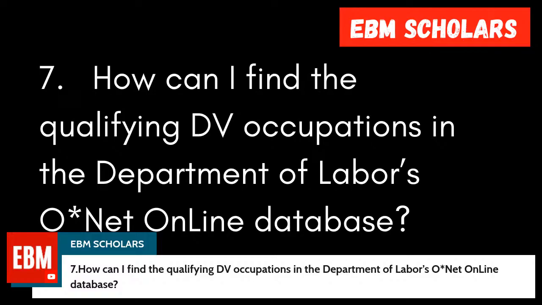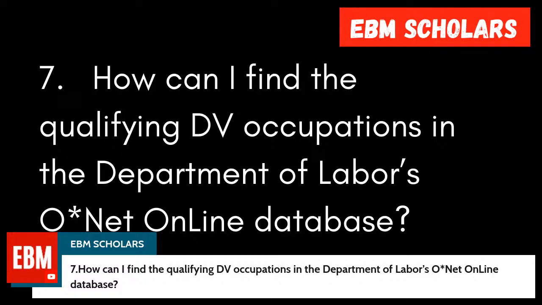When you go to the O*NET Online database, you can Google it and see it. There, you'll see the option called Find Occupations. Under Find Occupations, you can select what is called the job family. When you click the job family, there is a drop-down menu, or pull-down menu, with different types of jobs.